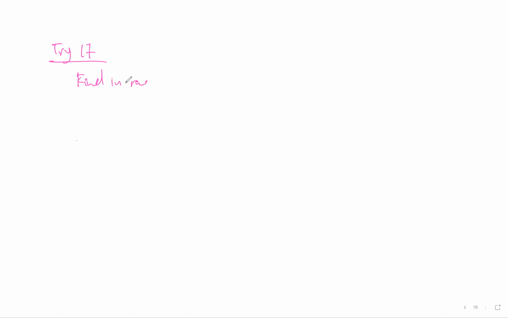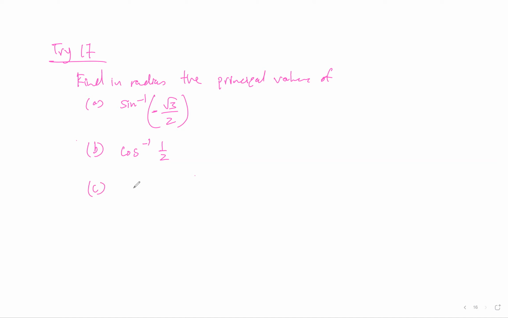Find in radians the principal values of sine inverse of negative square root 3 over 2. Then we'll do cosine inverse half. Let's do one more, just to finish it off: tangent inverse negative 1. So we'll do all these three.